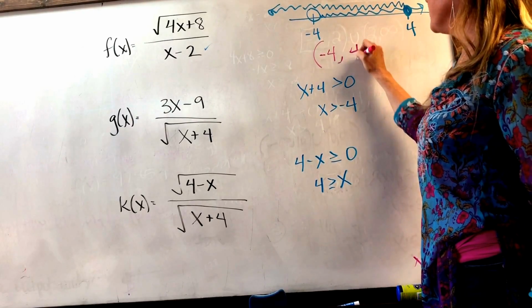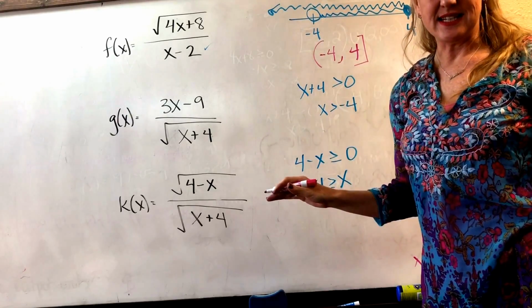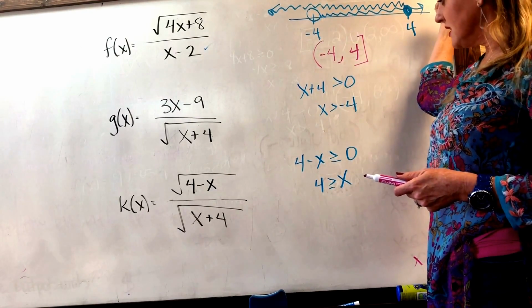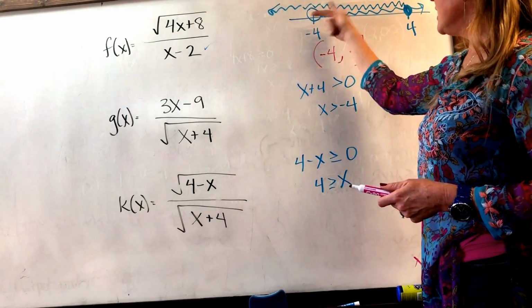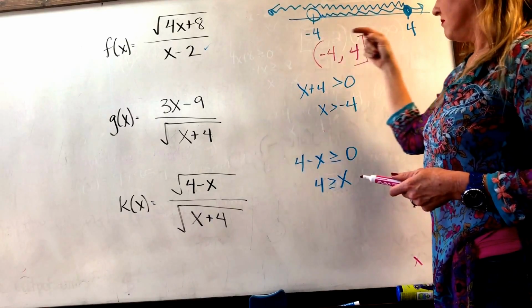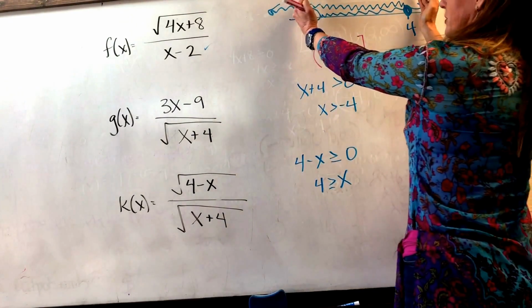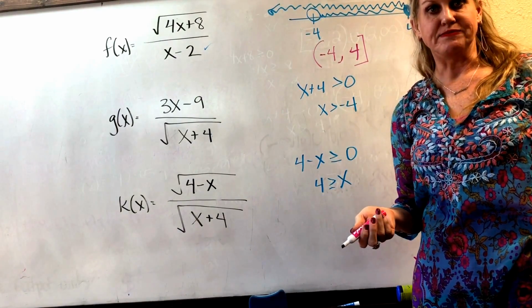And I can go up to 4, and I can have it, and that's it. Things beyond to the right make the bottom happy, but the top sad. Things to the left make the top happy, but the bottom sad. It's only that Goldilocks piece in the middle that makes everybody happy.